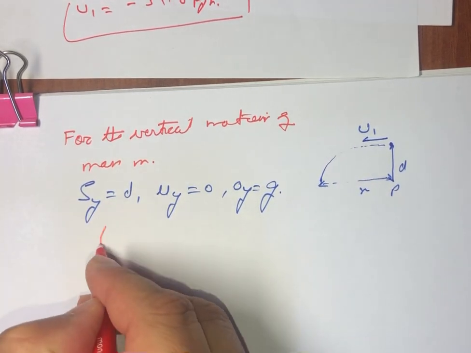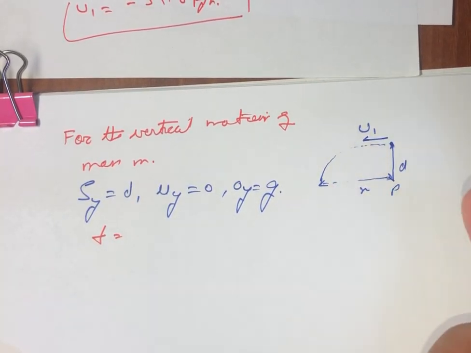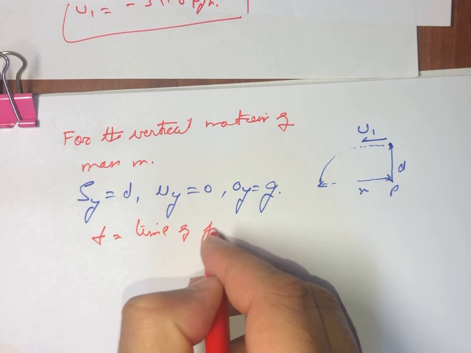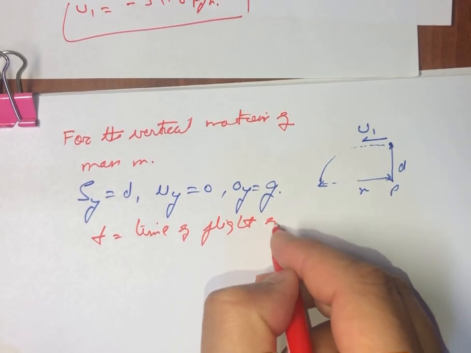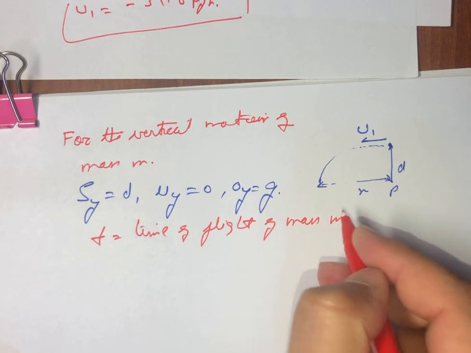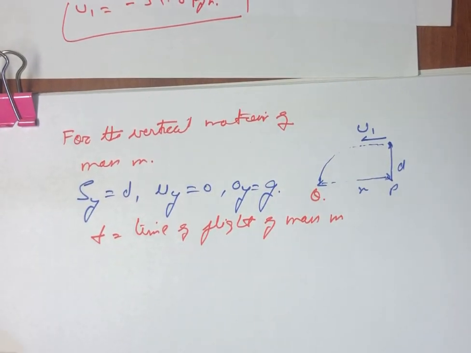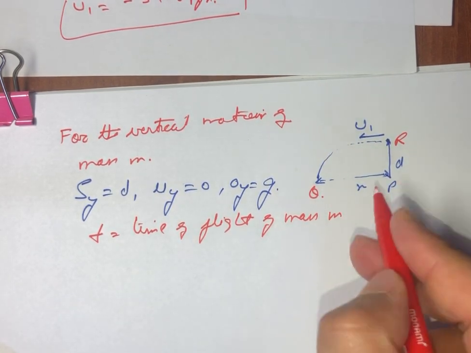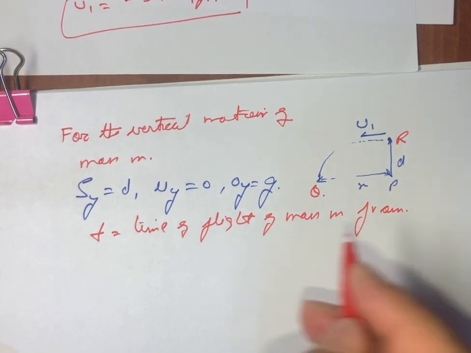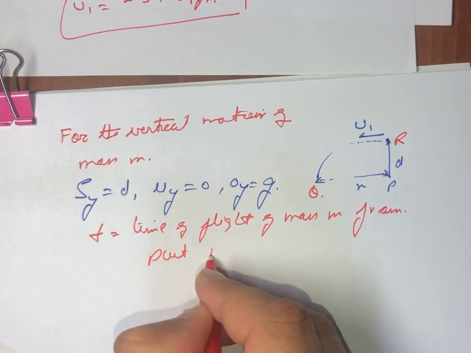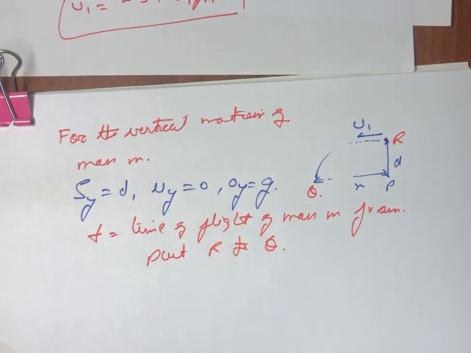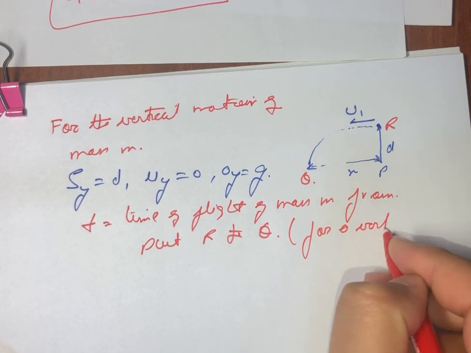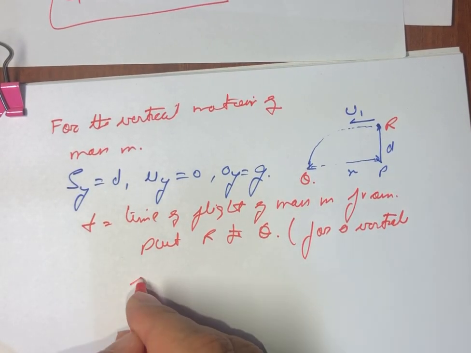And t is the time of flight of mass m. Let us call this as point r, with points p and q. So t is the time of flight of mass m from point r to q, for a vertical distance of d.